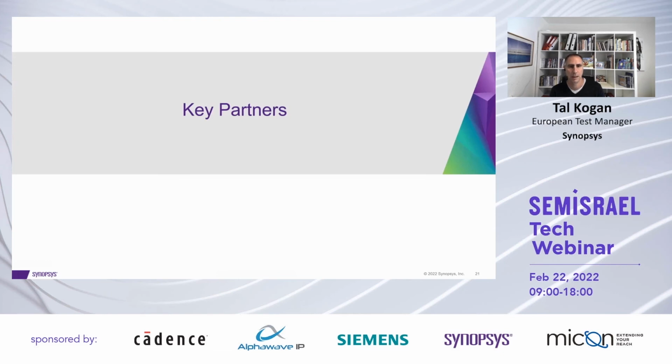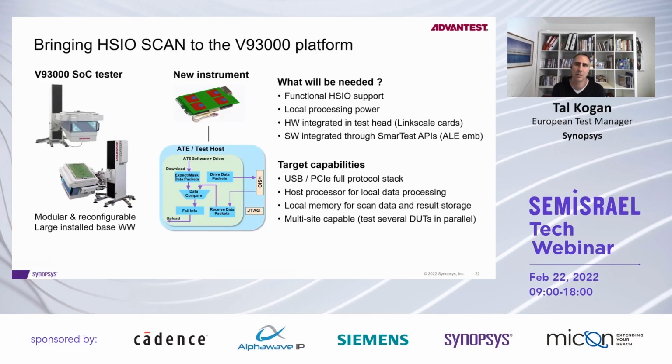Okay, so some key partners here, and I mentioned testers before. This is very important that a tester would be able to actually understand this format and use this data in the different high-speed interfaces that we support.